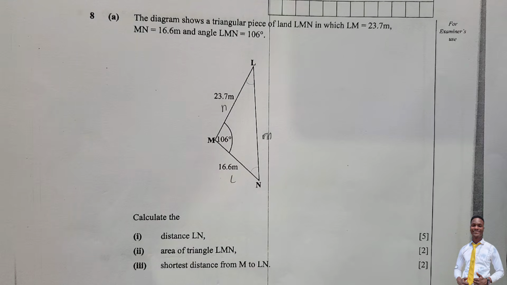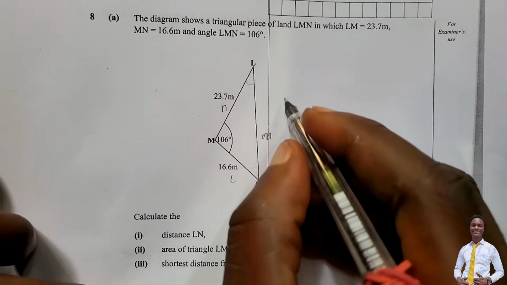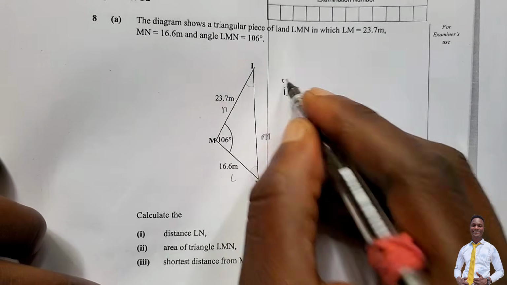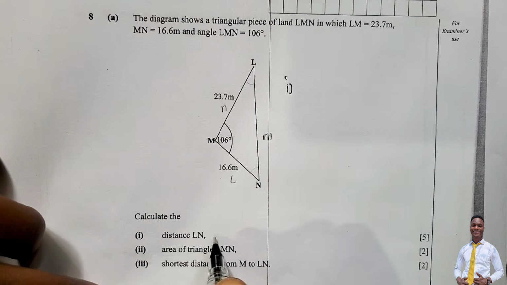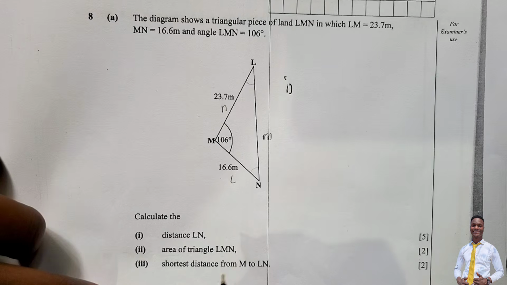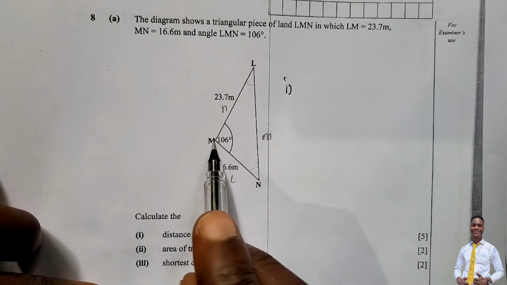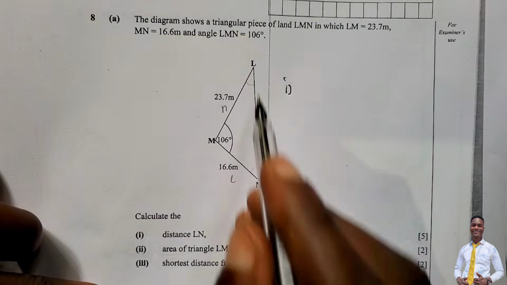Now the formula will be this. So this is question 1. Just write from here, question 1. The formula will start with the missing side. So the missing side is m, this side where there's LN.